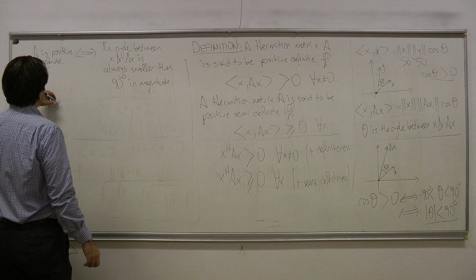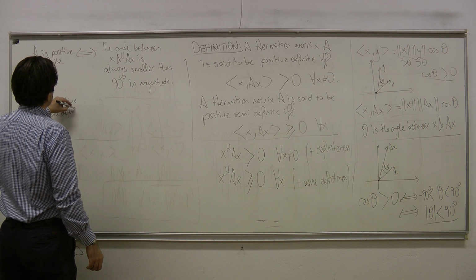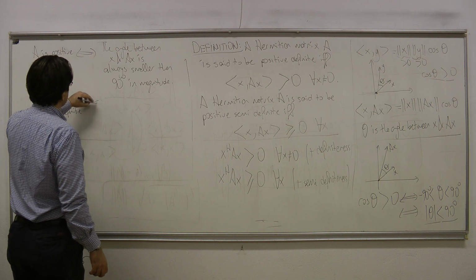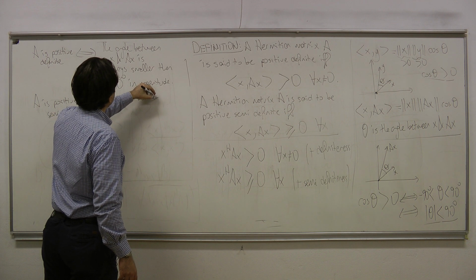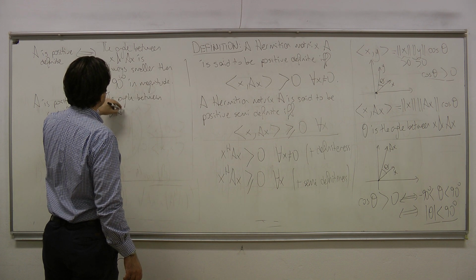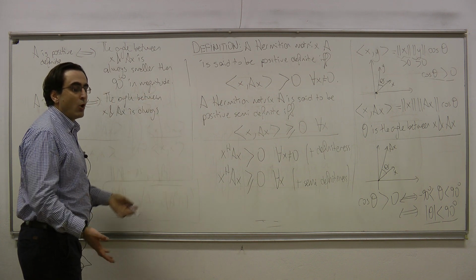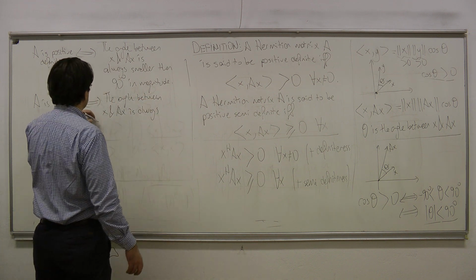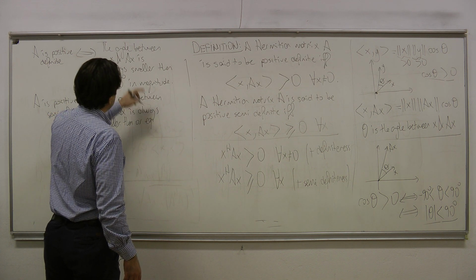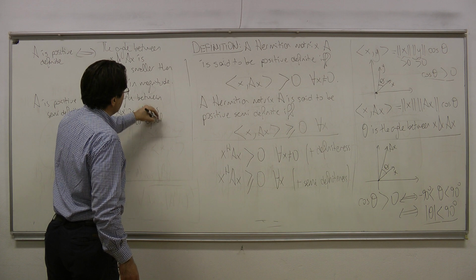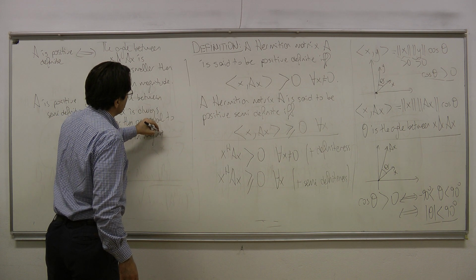So if A is positive semi-definite, then the angle between x and Ax is always, what am I going to say? Smaller than or equal to 90 degrees in magnitude.